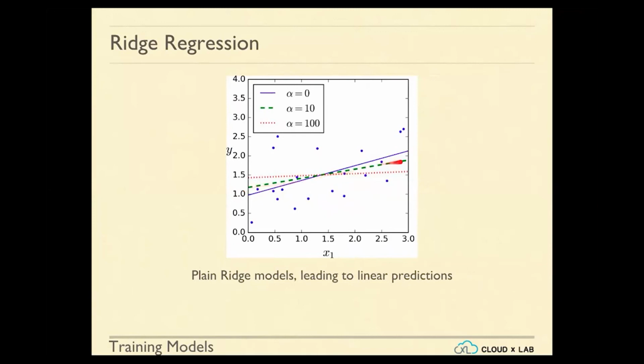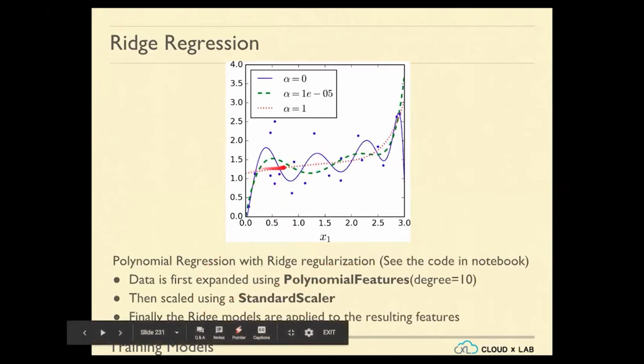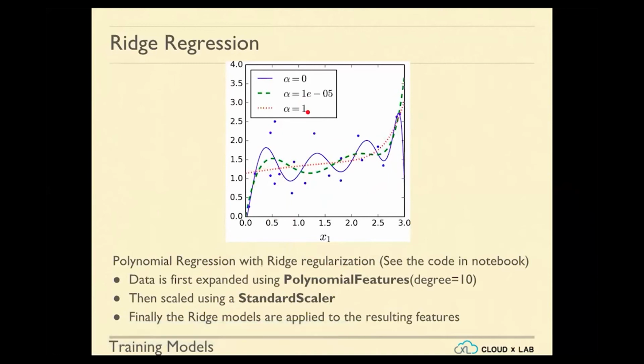And this one is with ridge regression a little bit, and this one is a heavy ridge regression with alpha equals 100. Right? So what we see is that this is the polynomial regression. So polynomial regression with ridge regularization, you see that when we have alpha as 1, this is a heavy regularization, right? This is lower, this is even lower, right?